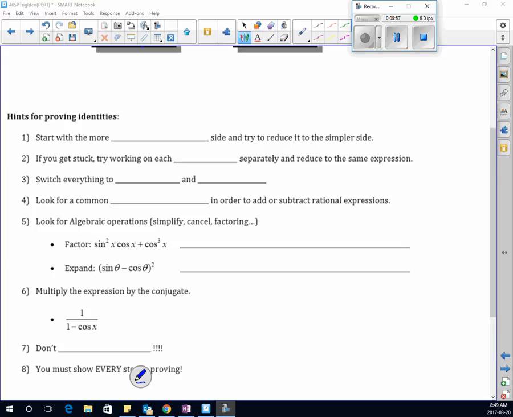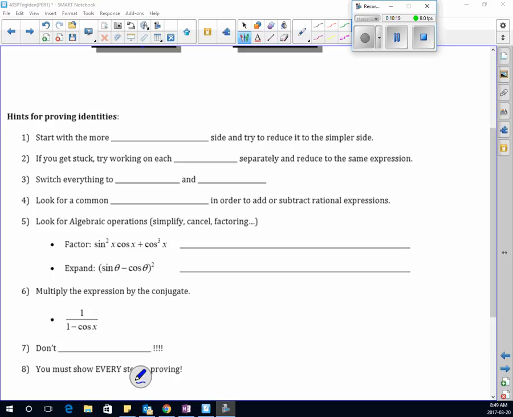If you look at a proof and then you give up and you just wait for the next day, can you do number 5? You're never going to learn how to do proofs. You have to sit on it and kind of look at it and look at it and look at it until you figure it out. And these hints will help you. So if you get stuck, go through the numbers and see if there's something you can do.